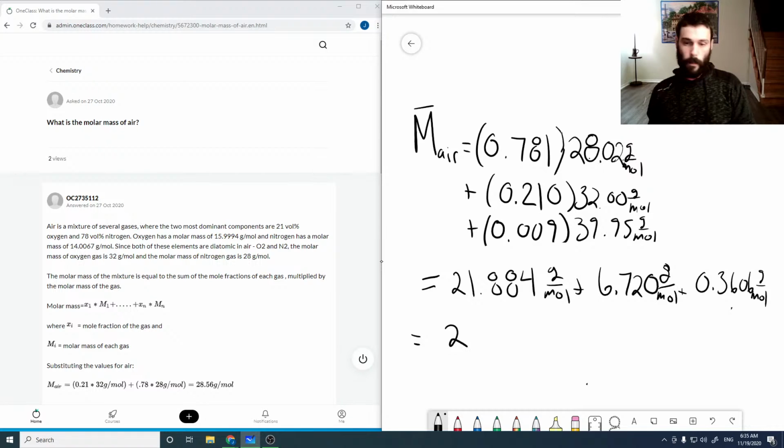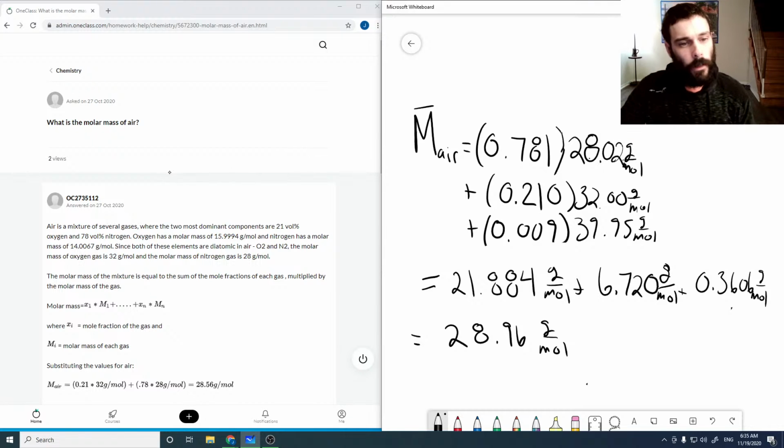Sum it all up, and we get roughly 28.96 grams per mole. So the average molar mass for air is roughly 28.96.